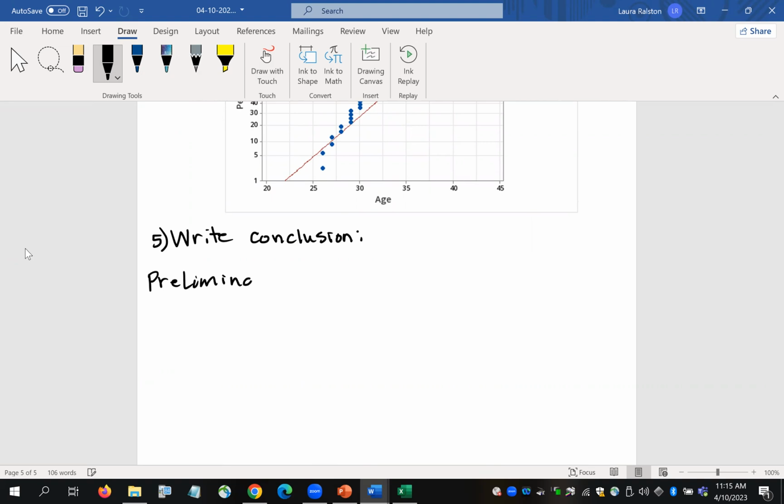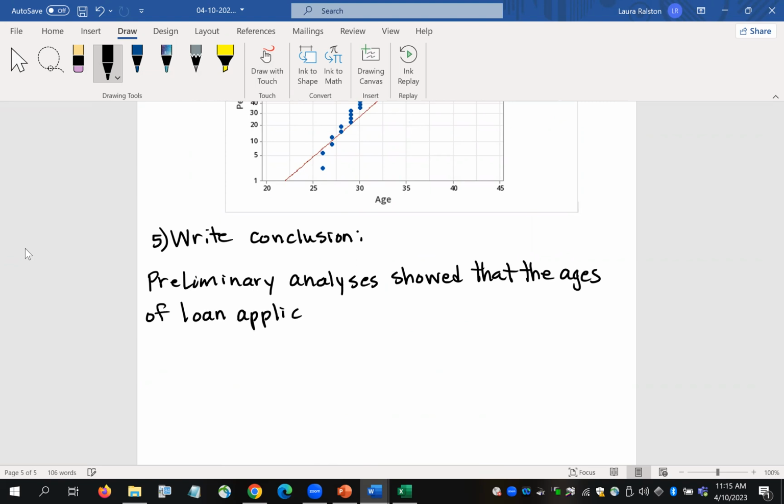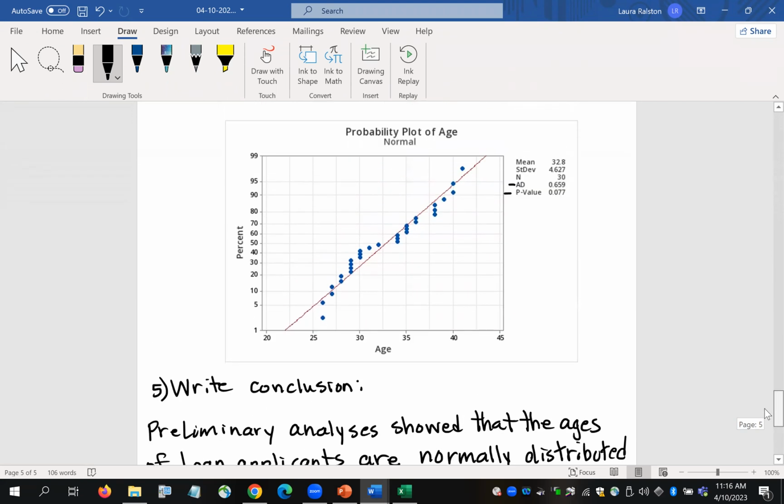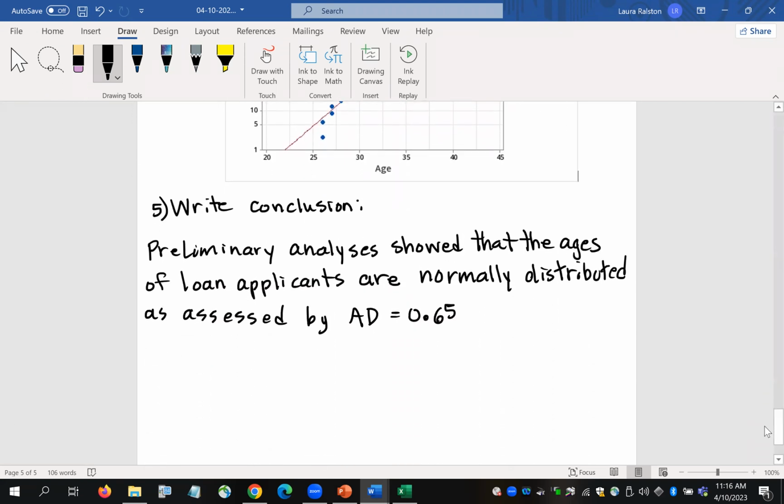Preliminary analyses showed that the ages of loan applicants are normally distributed as assessed by Anderson-Darling equals 0.659 with a p of 0.077.